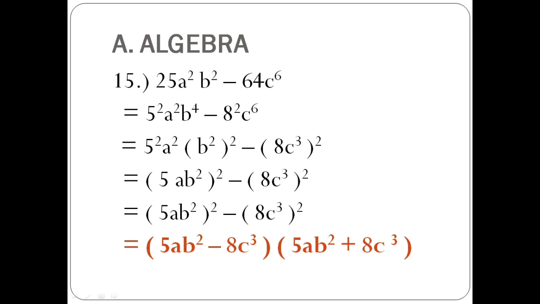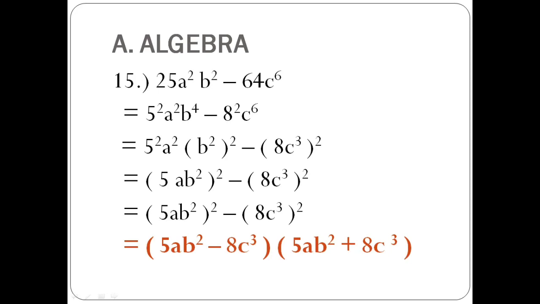The last given is 25a squared b raised to 4 minus 64c raised to 6. First, we need to write the 25 and the 64 into their exponential form with the exponent of 2. So 25a squared b raised to 4 will become 5 squared a squared b raised to 4, and the 64c raised to 6 will become negative 8 raised to 2 c raised to 6.